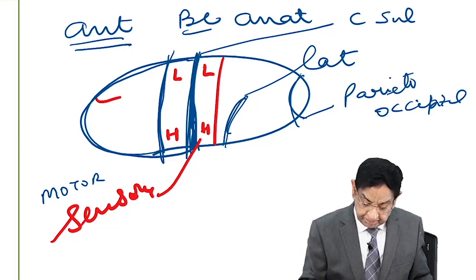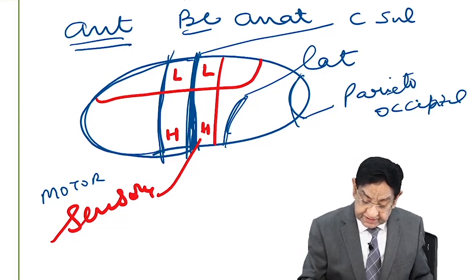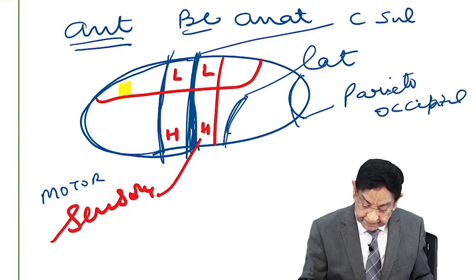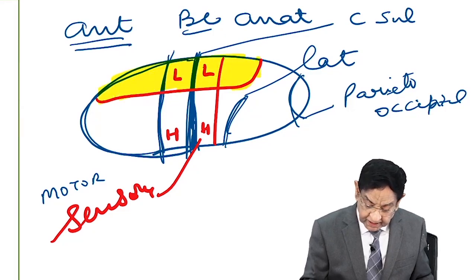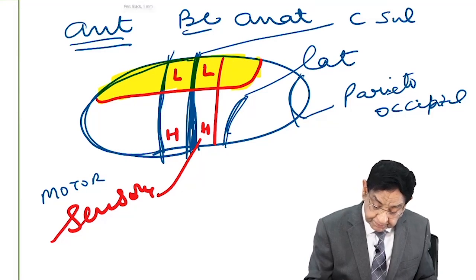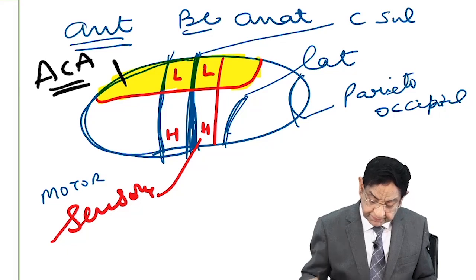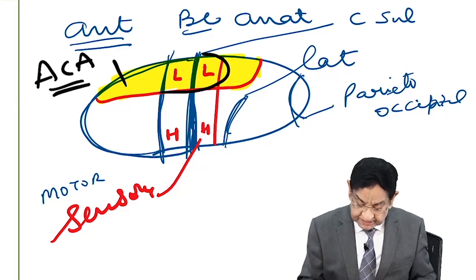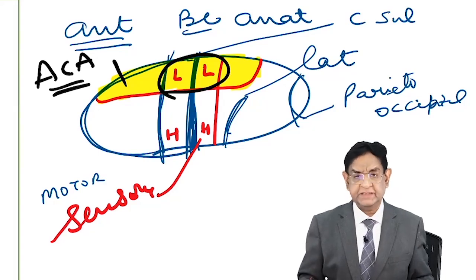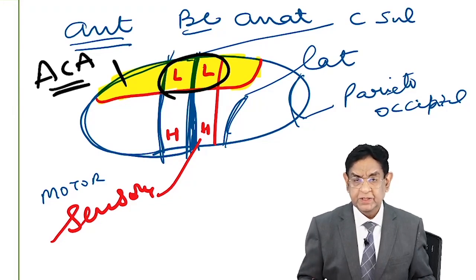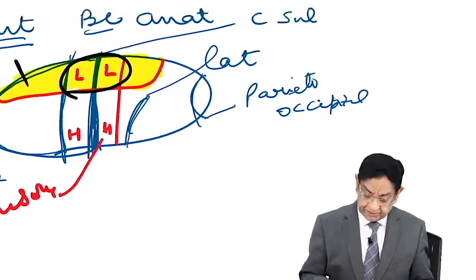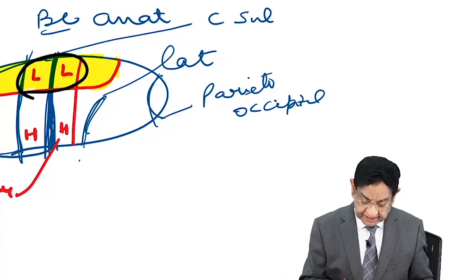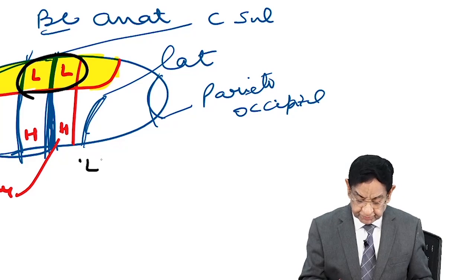Now this part of the brain is being supplied by the anterior cerebral artery. Point to be noted, this leg area is supplied by the anterior cerebral artery. Suppose this is the left side of the brain I've shown you.